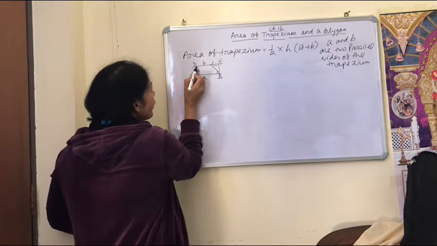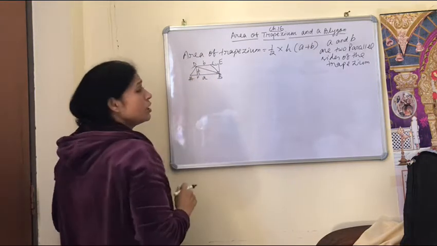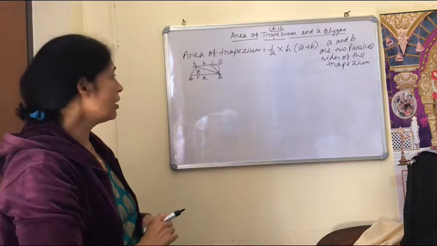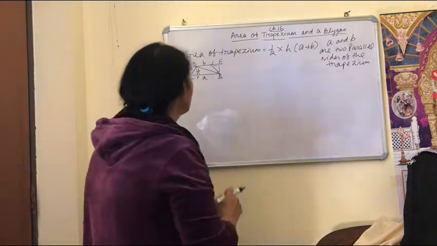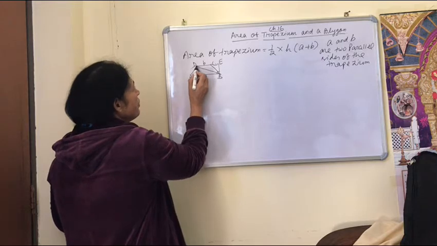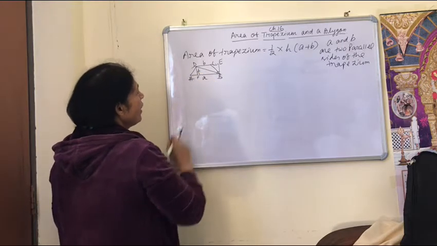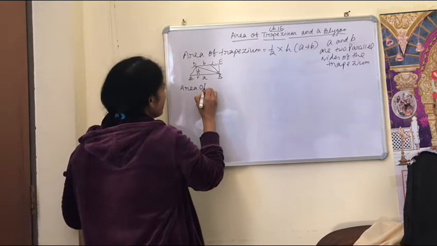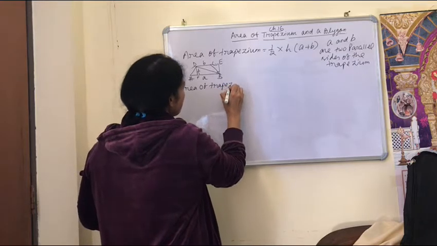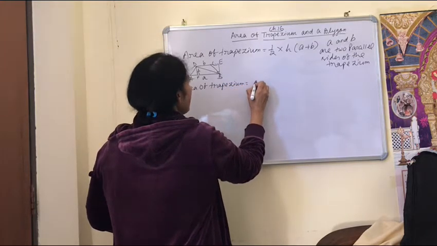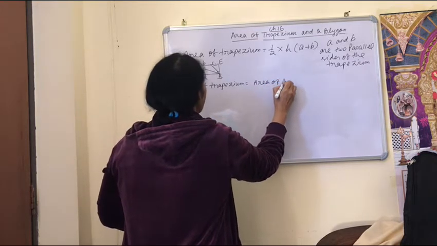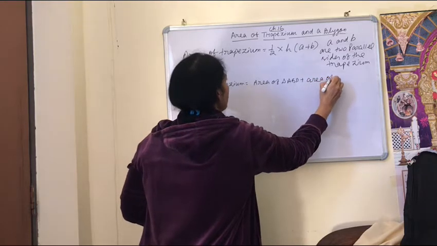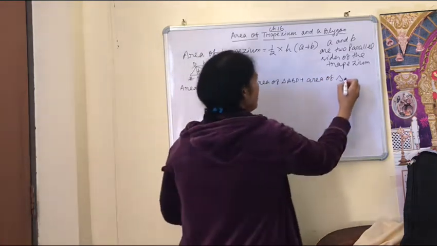Now if you join the diagonal DB of the rectangle DEBF, then consider the triangles DAB and DEB. So area of trapezium is area of triangle ABD plus area of triangle BDE.